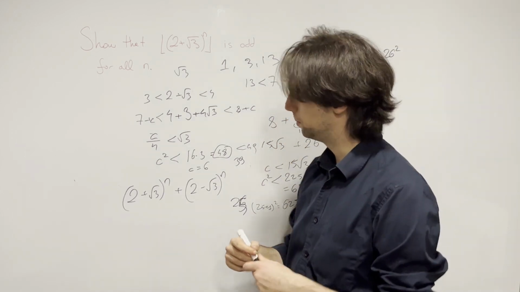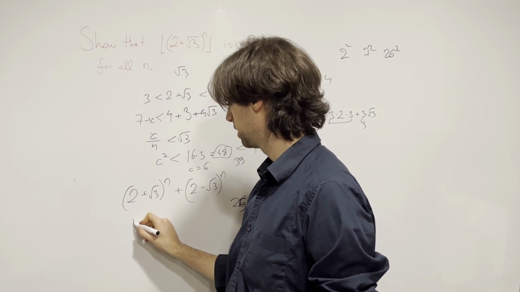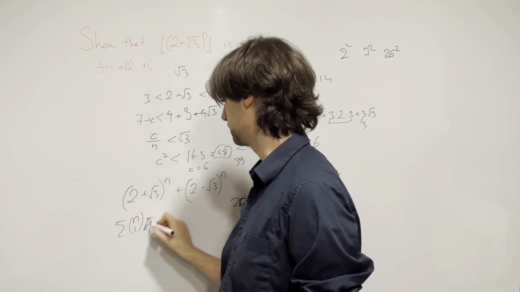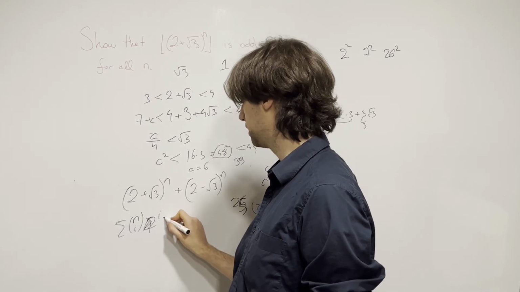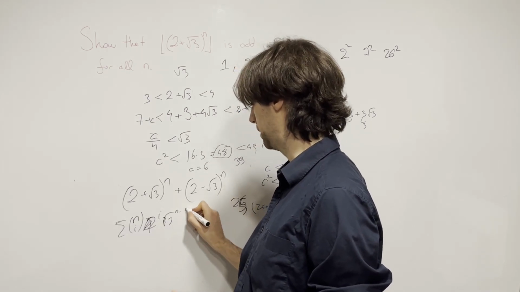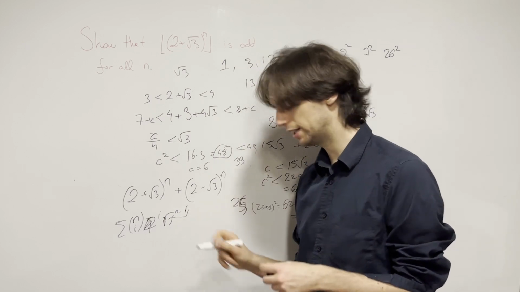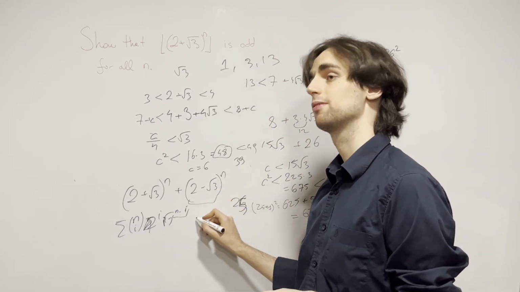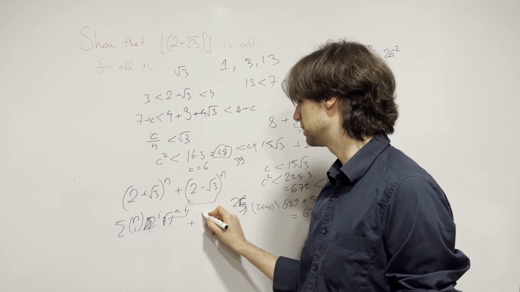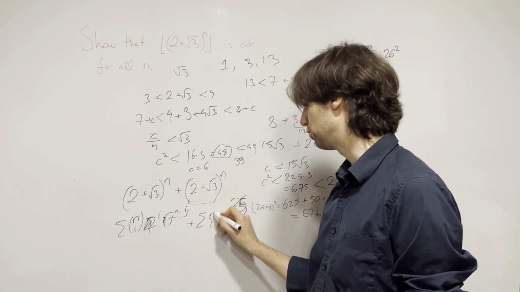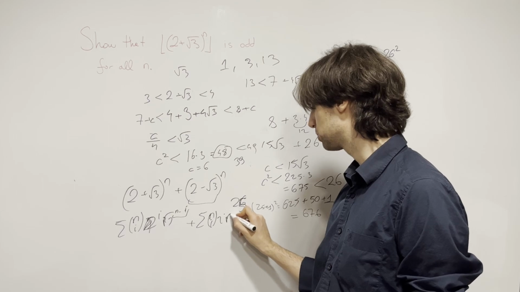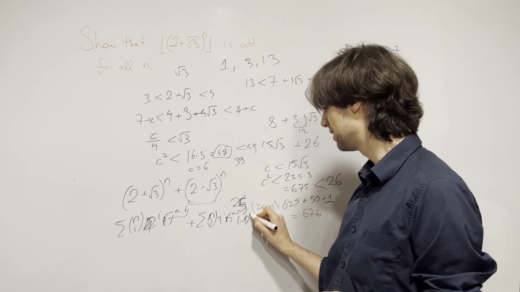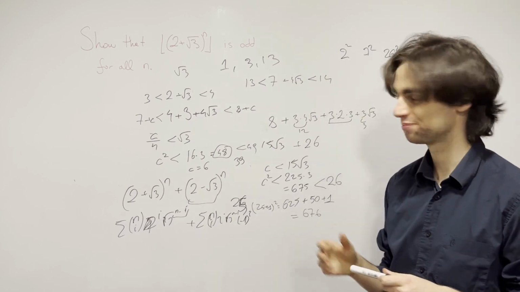Well, this is going to be the sum of n choose i, 2 to the i, square root of 3 to the n minus i, right? And you care when this is odd. But this thing right here is going to be equal to the sum of n choose i, 2 to the i, square root of 3 to the n minus i, and then -1 to the power of n minus i.